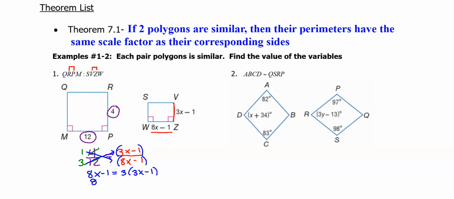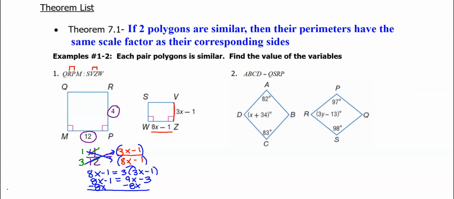So I'm going to have 8x minus 1 equals 9x minus 3. I'm going to subtract 8x to the right. And I get -1 equals x minus 3.